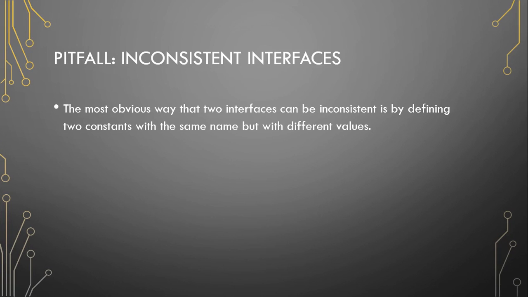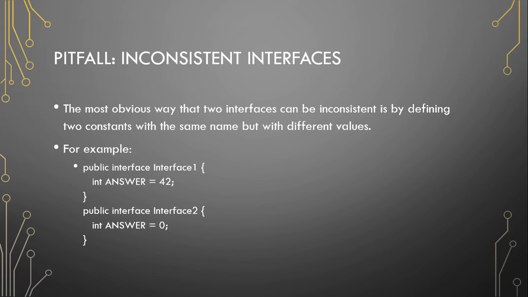The most obvious way two interfaces can be inconsistent is by defining two constants with the same name but with different values. For example, public interface Interface1, int ANSWER = 42; public interface Interface2, int ANSWER = 0. You'll notice that ANSWER is the same name in both, but one is defined as 42 and the other as 0.